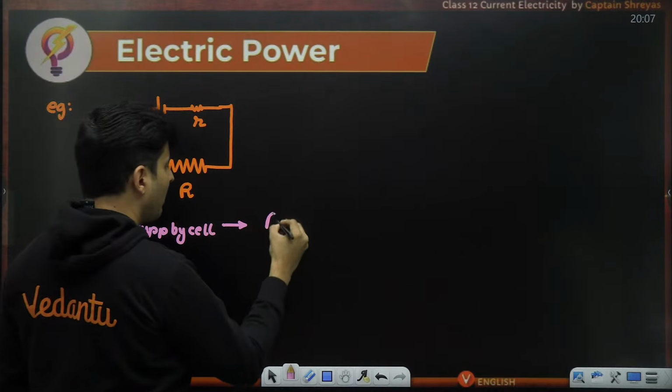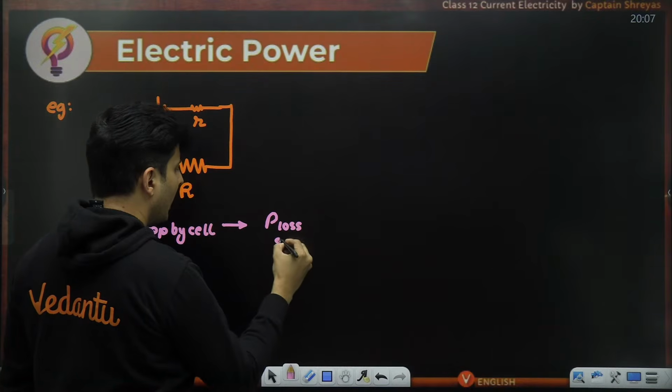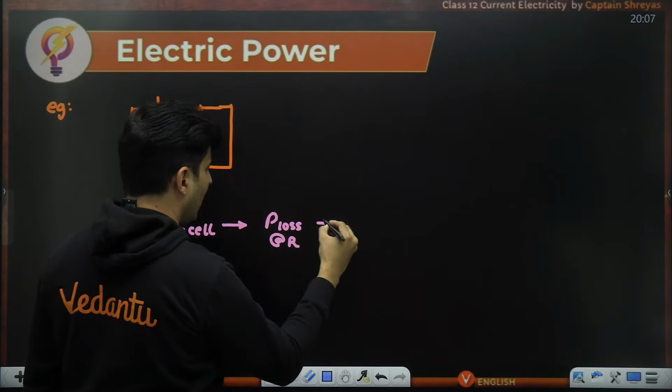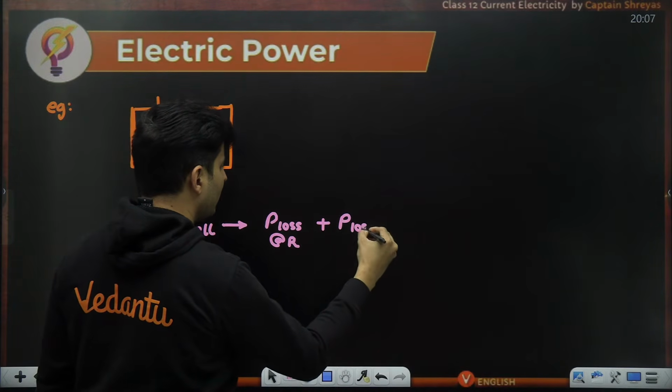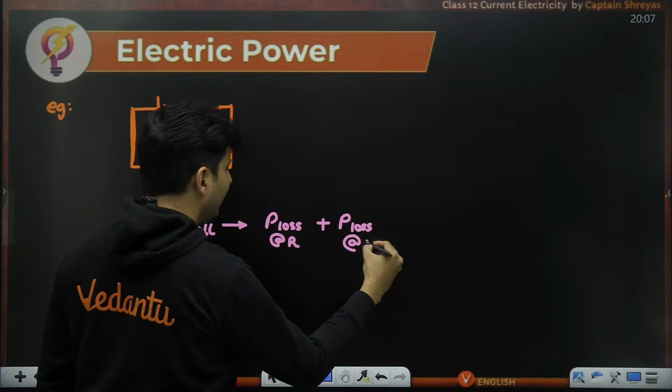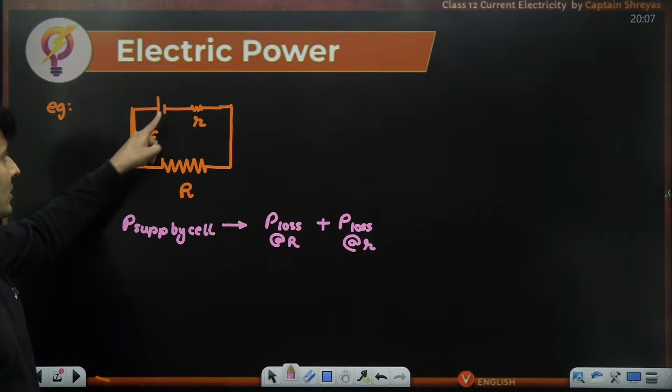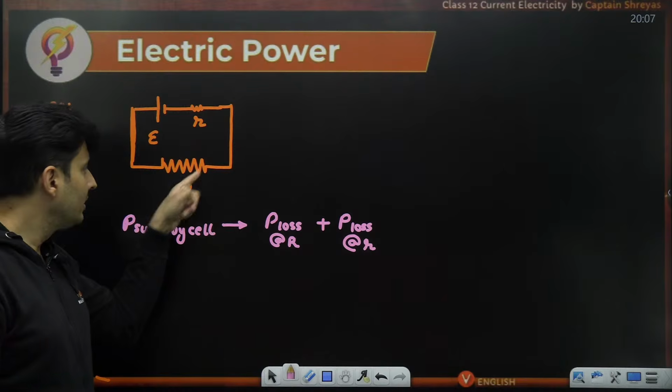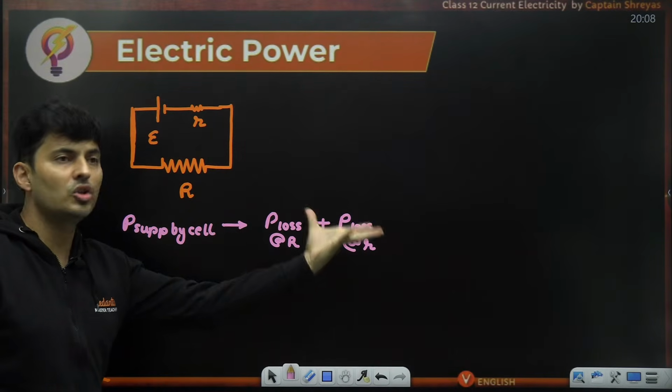One is the power loss at that external load, and also the power loss at the internal resistance. So this cell is supplying energy, and this resistance and this resistance are consuming that energy.